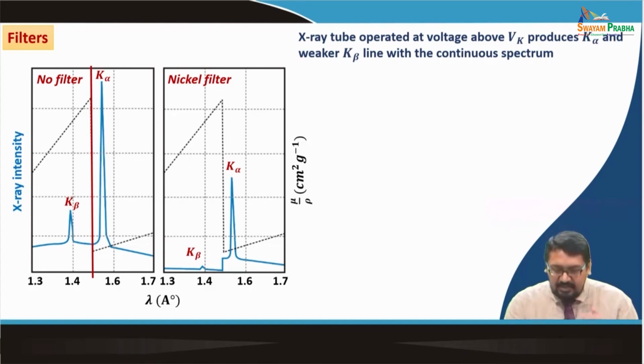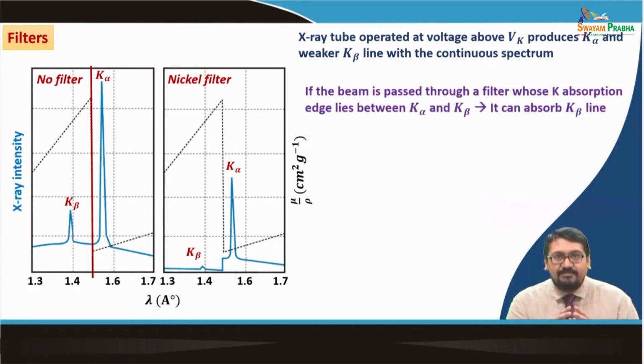Now, if the beam containing this K alpha, K beta and other continuous radiation is passed through a filter, the filter is a metal which should have a K absorption edge which lies between the K alpha and K beta.